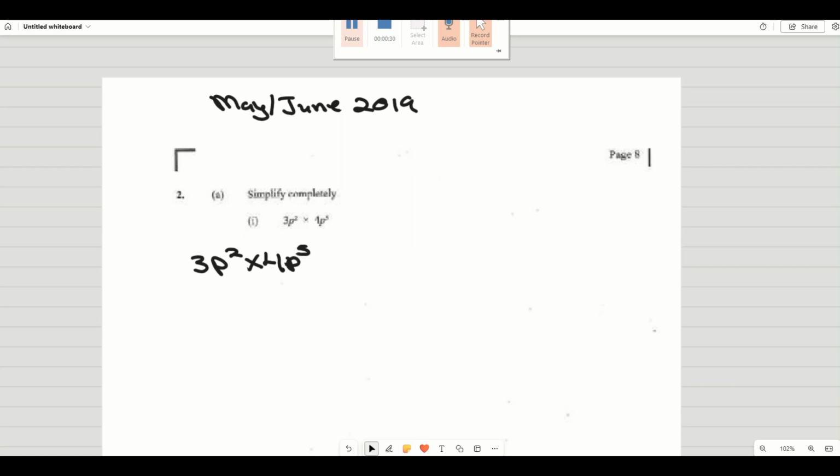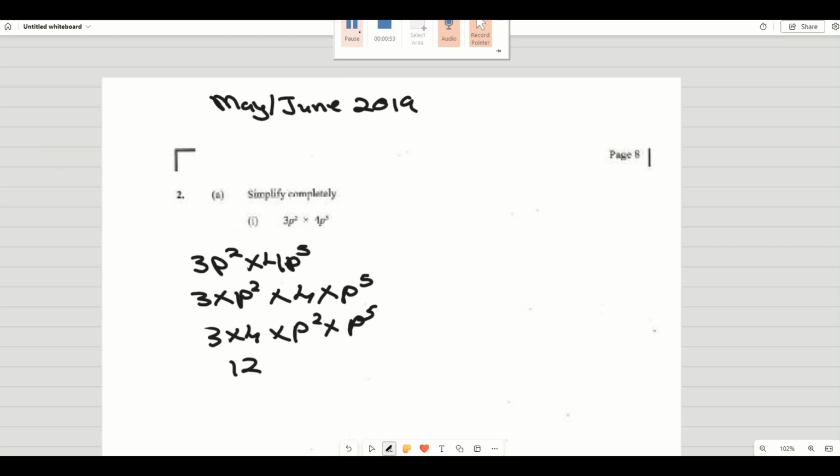Now there are several ways to do this. Using laws of indices, you split this up, so this is 3 multiplied by p squared multiplied by 4 multiplied by p to the power of 5. So it's 3 multiplied by 4 multiplied by p squared multiplied by p to the power of 5. That's 12.